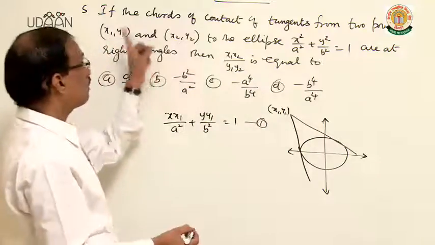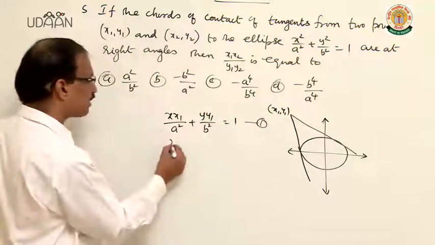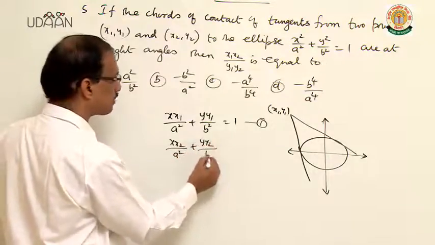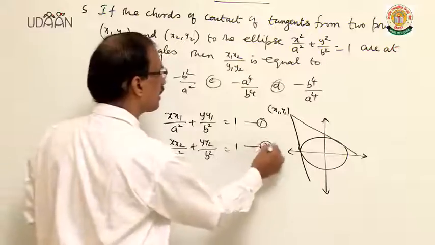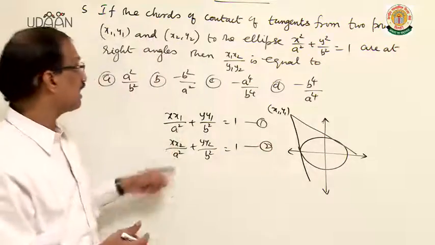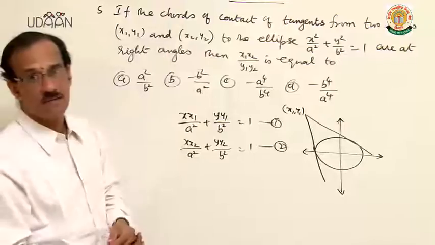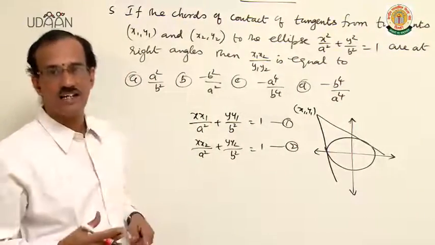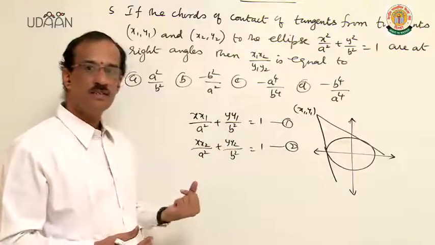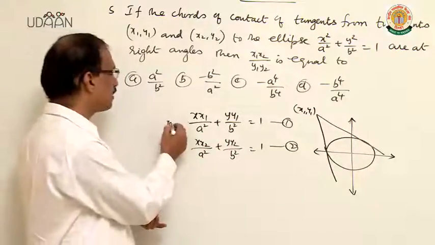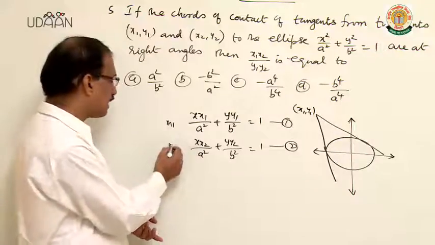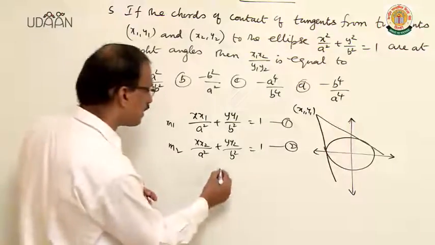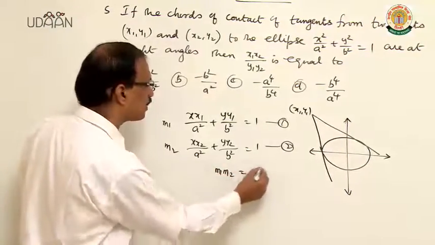This is one more point also, so we can write the other as x2 by a square plus y2 by b square equal to 1. This is the second equation. Now they say these two lines intersect at right angles. Suppose the slope of one is m1 and of the other is m2. If they are perpendicular to each other, then m1 m2 equals minus 1.